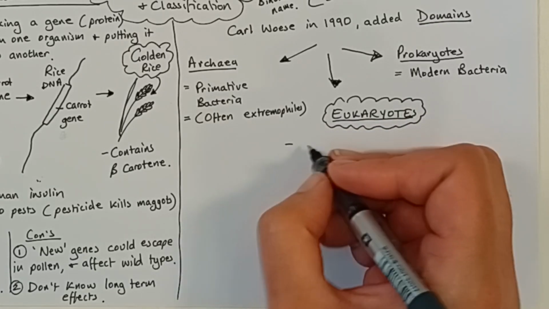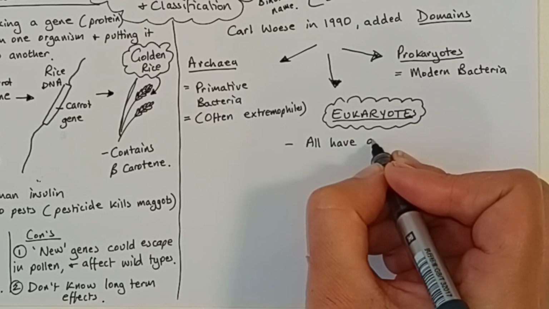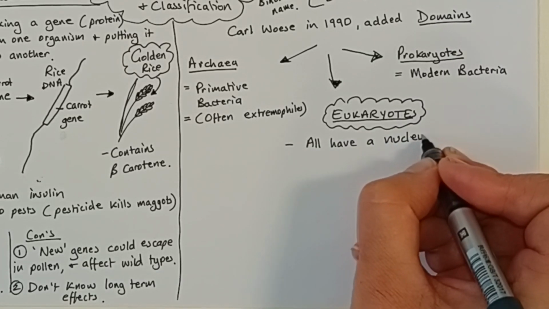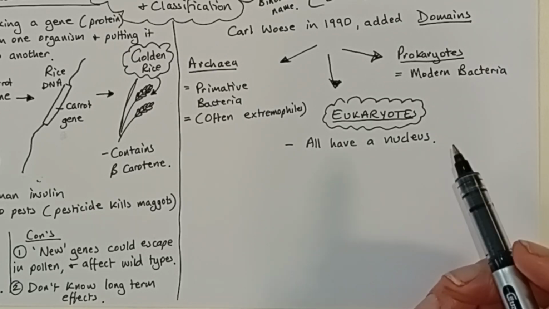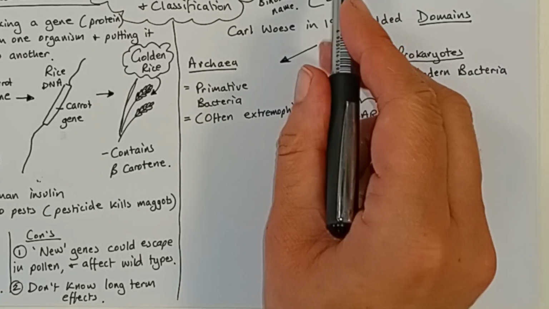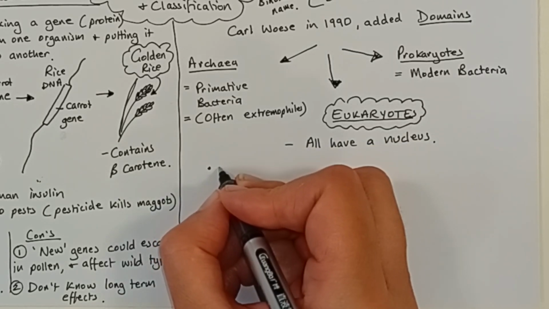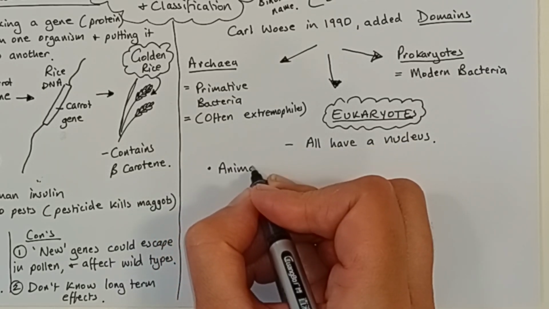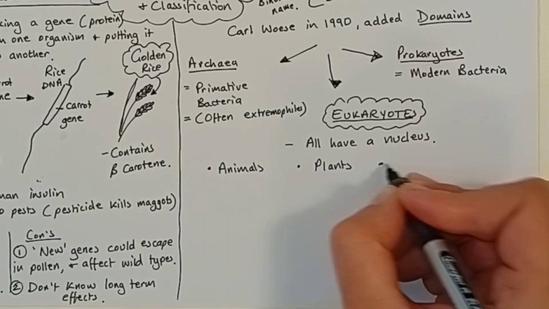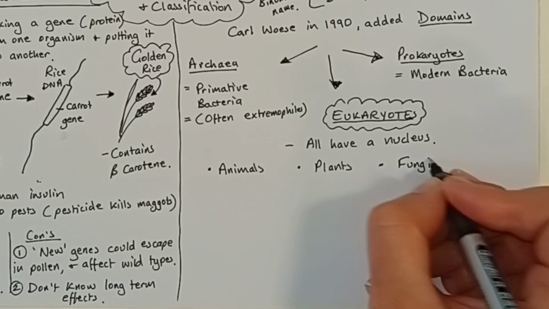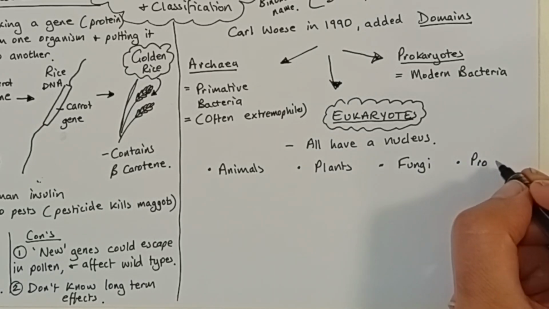Eukaryote means organisms with a nucleus. And so essentially, it's the 4 remaining kingdoms. So there were 5 kingdoms in the old system, but there would be 4 eukaryotes. So it would be all the animals, plants, fungi, and the protists, which are the crazy parasites like malaria.